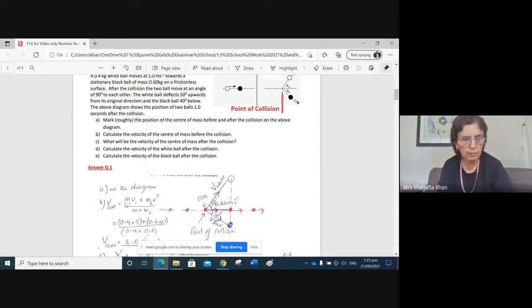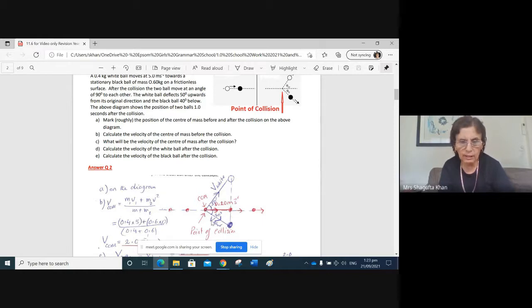So we use this formula: the velocity of the center of mass is m1v1 plus m2v2, divided by m1 plus m2. So we can calculate the velocity of the center of mass. Now the principle is that before the collision, the center of mass is moving with a constant velocity. So it will keep moving with the same constant velocity, even though these two balls move in different directions.